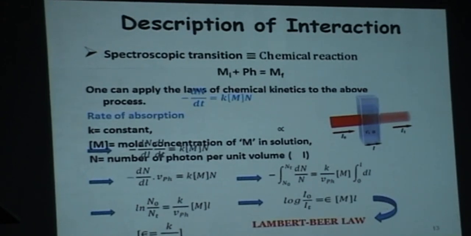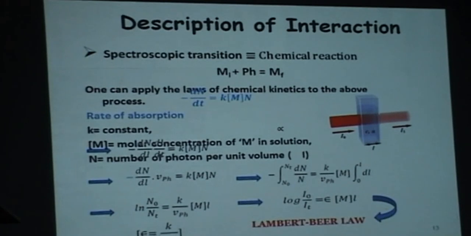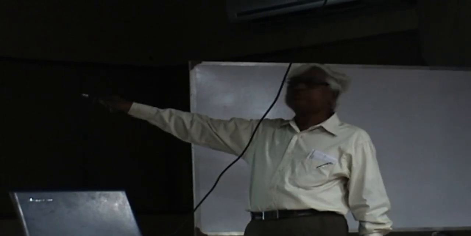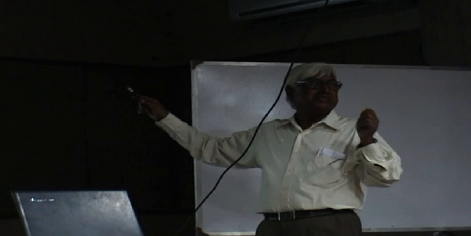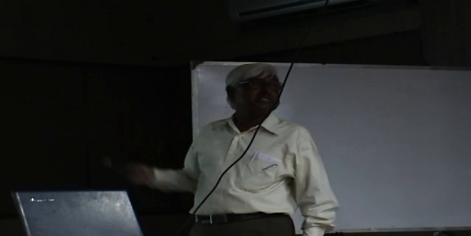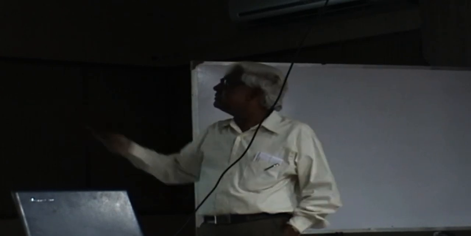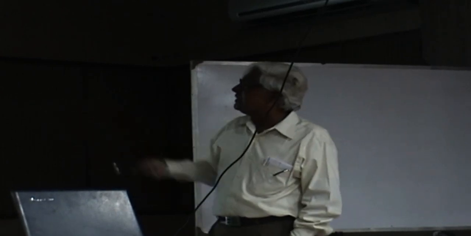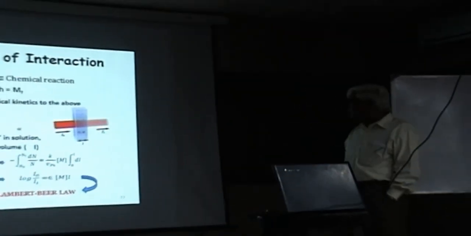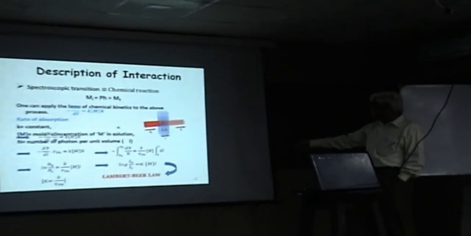So we write minus dn/dt, as it disappears from the system, equal to some constant, as we write for a chemical reaction, the rate constant. But Einstein wrote, in place of k, the B coefficient, times the concentration of M times n, the concentration of photons. This is very simple, true for an ordinary chemical reaction. Then after some manipulation, we arrive at this.